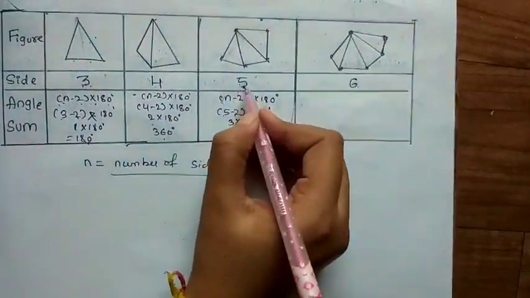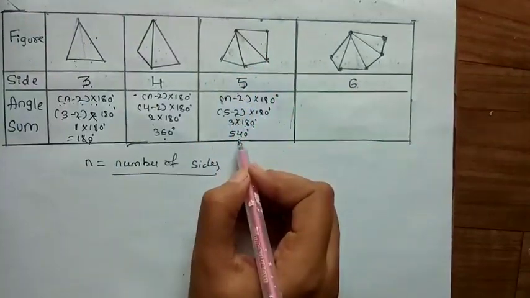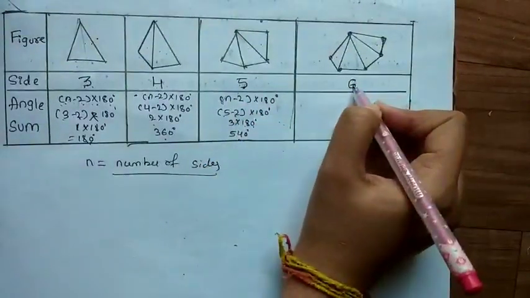So the sum of the angles of the pentagon is 540 degrees.